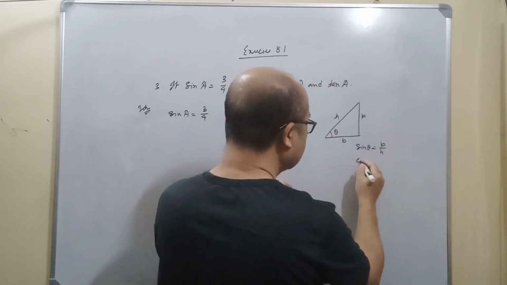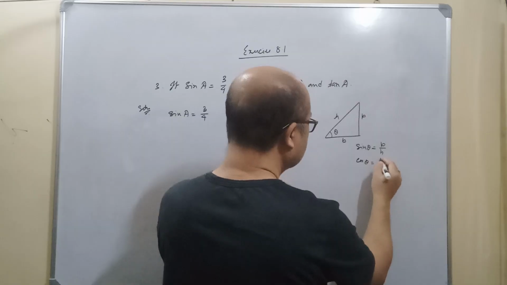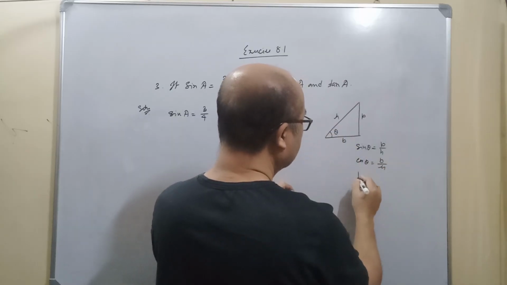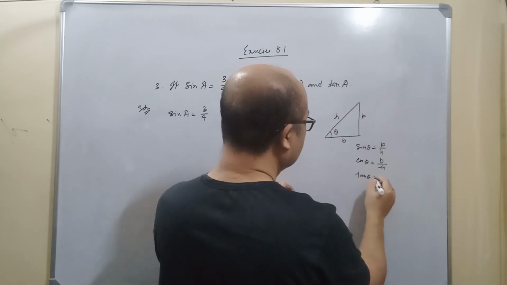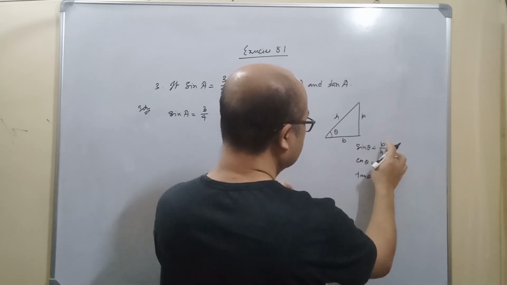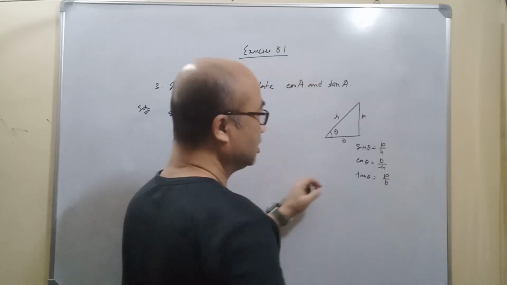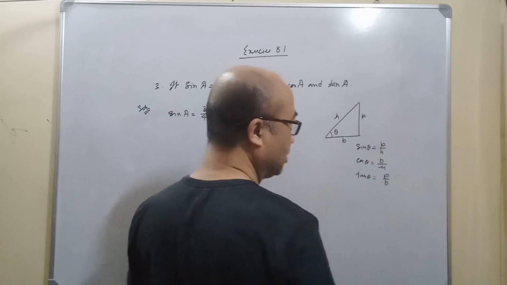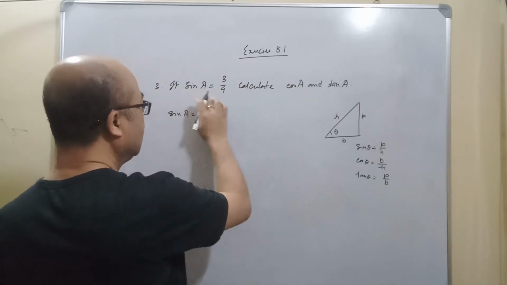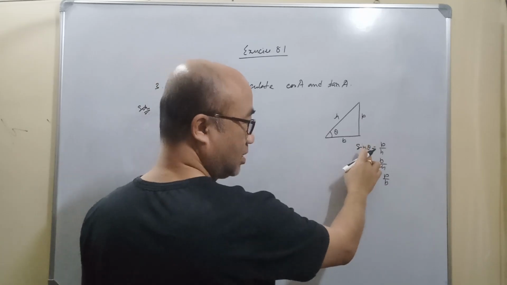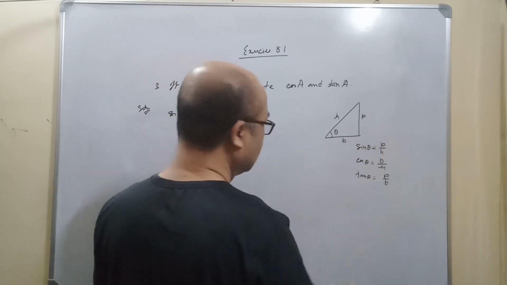And how is cos theta defined? Cos theta is defined as base by hypotenuse. And how is tan theta defined? Sin theta by cos theta, which is p by b. So these are the three ratios. Now sin A is given as 3 by 4, means sin A is p by h.